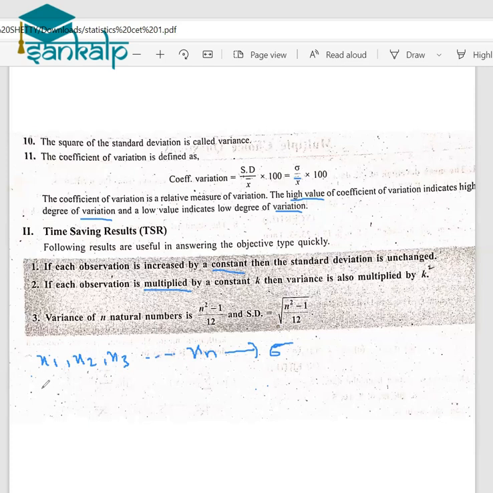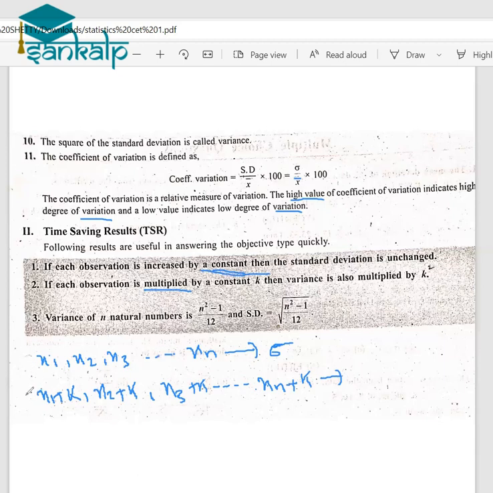Next, if we add a constant to these scores, x1 plus k, x2 plus k, x3 plus k, up to xn plus k. So the first statement states that if each observation is increased by a constant, then the standard deviation is unchanged.